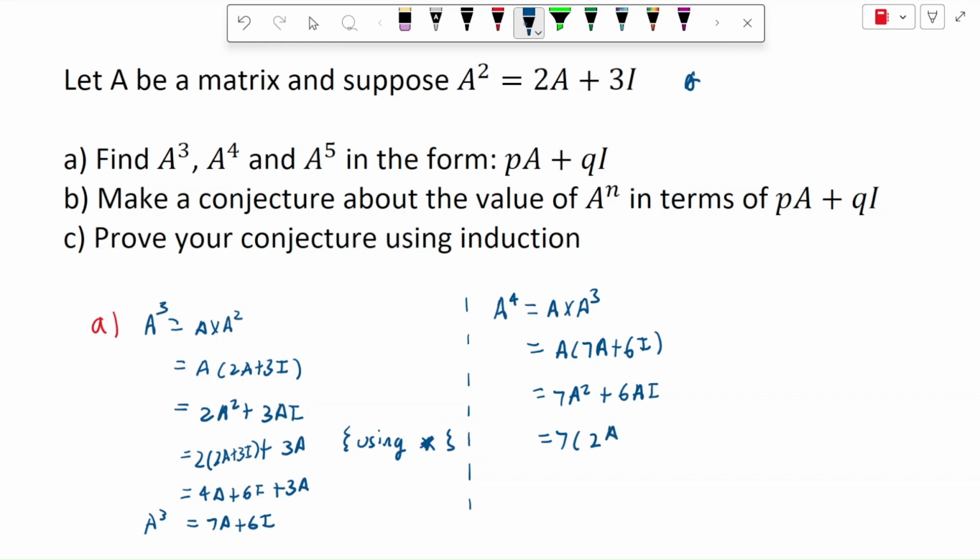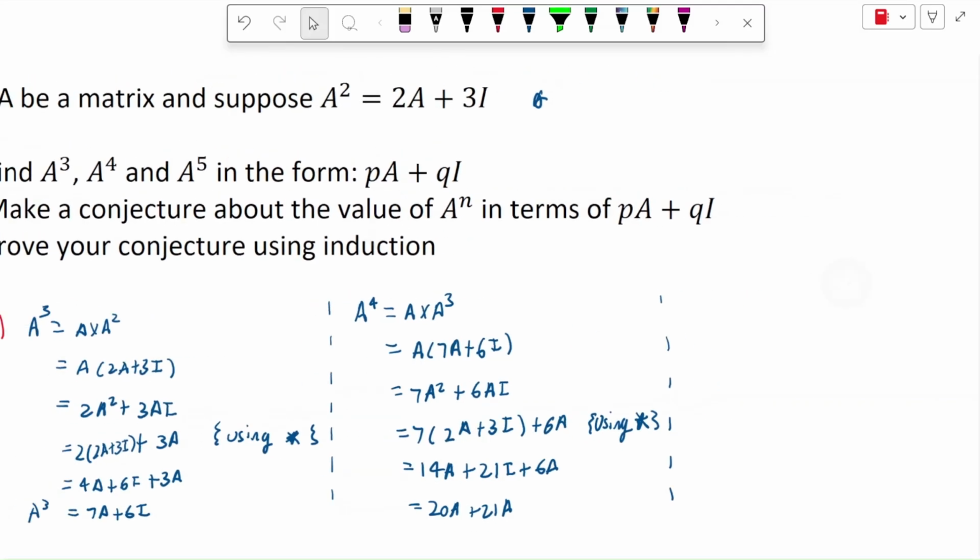So A squared is 2A plus 3I. And 6AI, so that's 6A. So that's using star, and the fact that the identity matrix times any matrix gives you that matrix you started with. That's 14A plus 21I plus 6A, and it appears that that is 20A plus 21I.